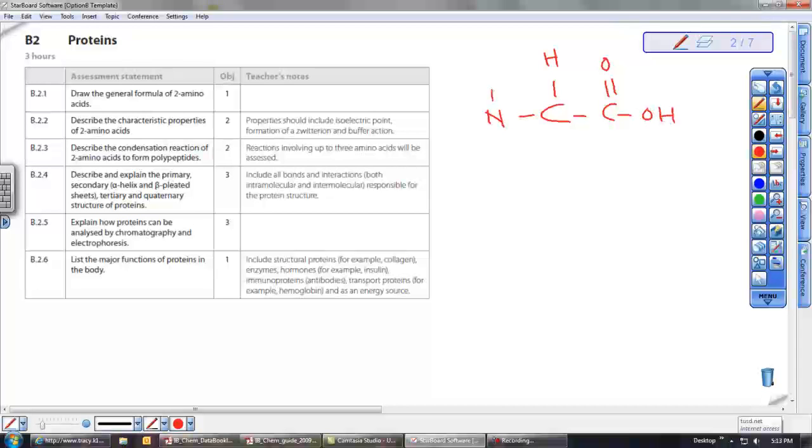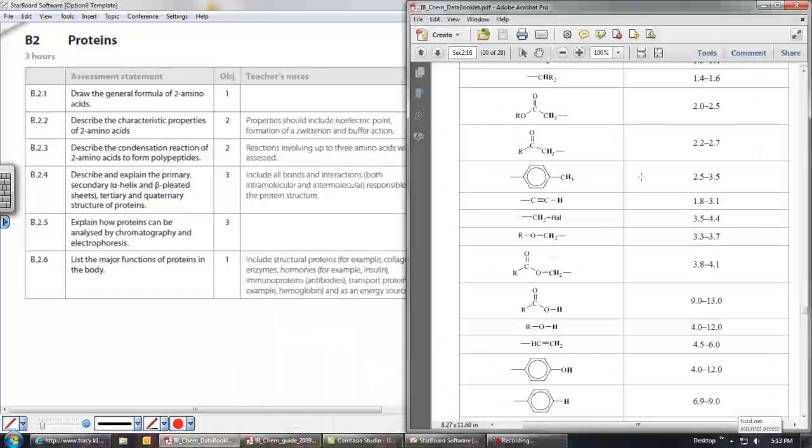This is an amino acid. This is a generic amino acid. I put a subgroup of R there because in that spot can be different chemical groups, could be carbons, could be other things. There are some sulfurs, there are all kinds of things that could go down here. And your chem book, there they are.